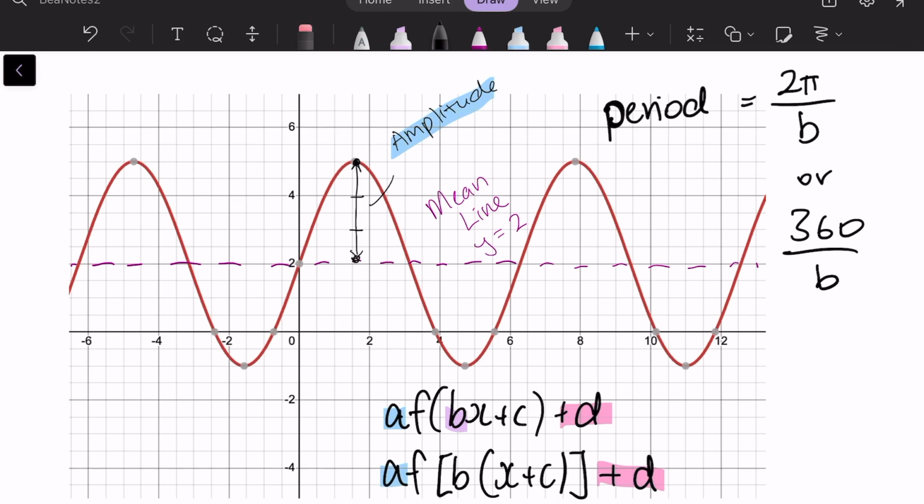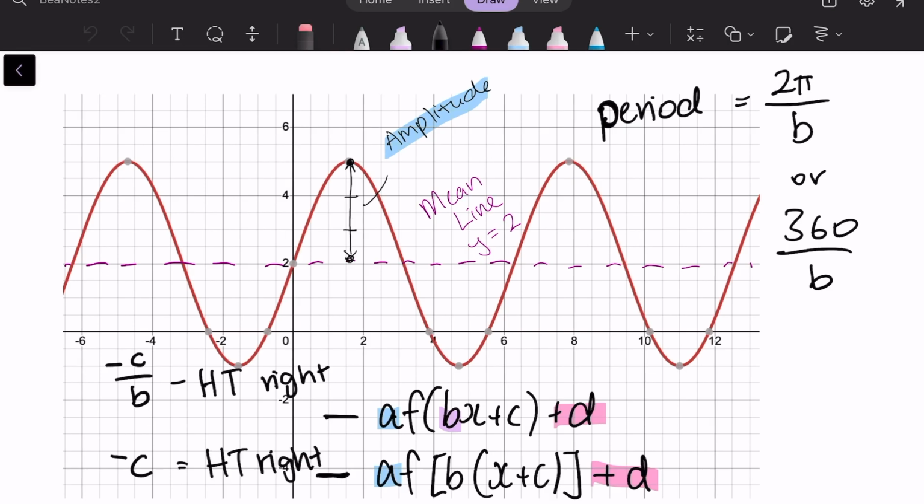C is the horizontal shift, but it's different in both forms. If you're in the expanded form, which is this one, the horizontal shift to the right will be negative c on b. Whereas for this form, the horizontal translation is just negative c.